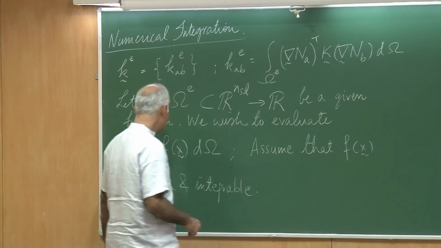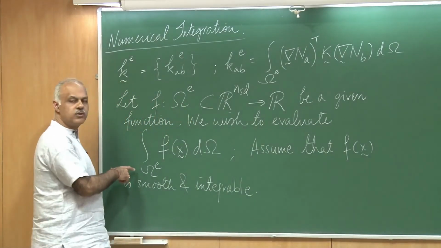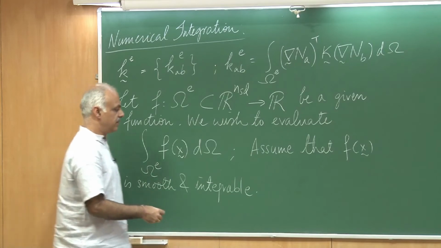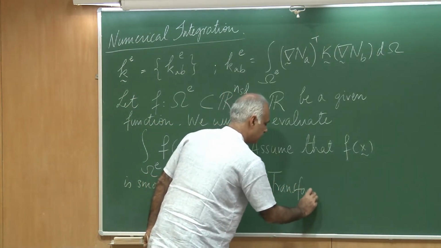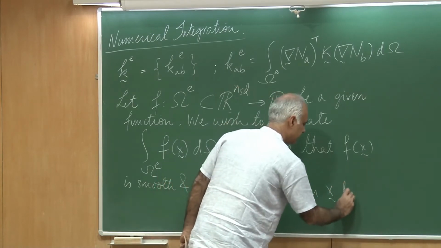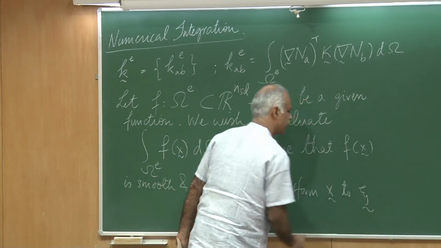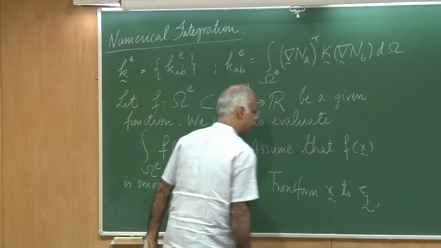So, the first thing that we do is we actually do a transformation of variables. So, we will transform x to zeta, which is actually the parent domain.